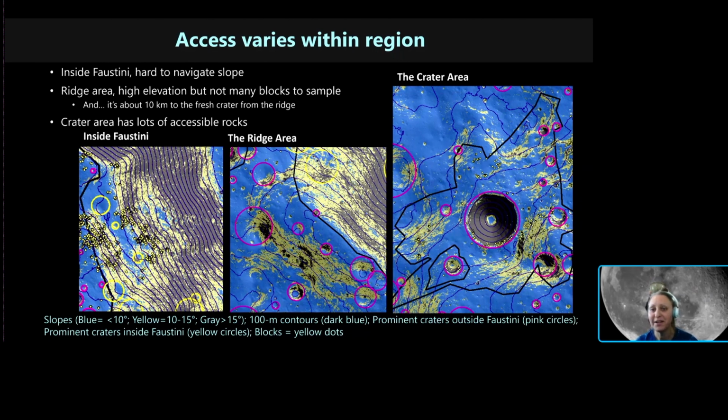It's also a pretty long hike from there over to that fresh crater where we are seeing more blocks and rocks and things to sample. But that area, you can see in this map here, around the crater and its ejecta, the right image, it's mostly in the blues and yellows, and lots of those boulders and blocks are potentially accessible.